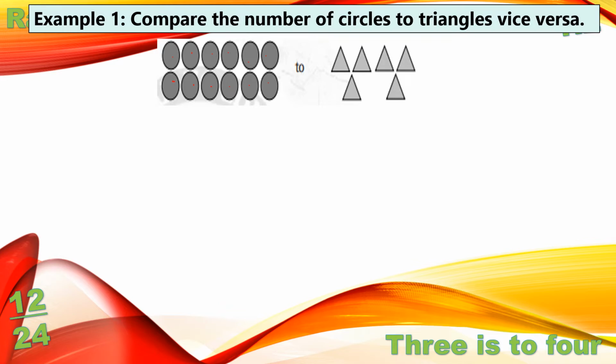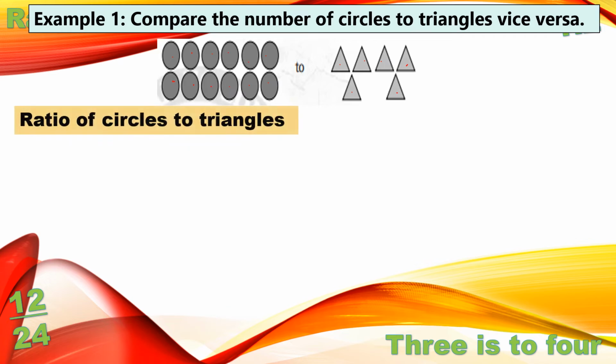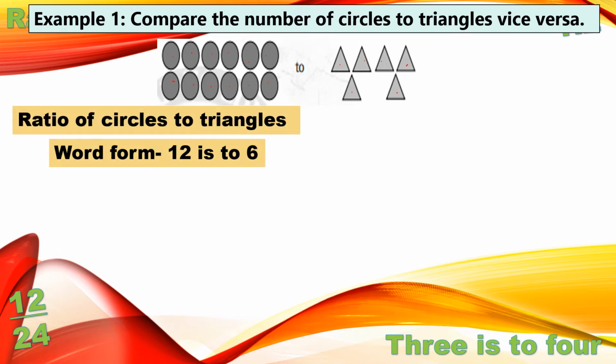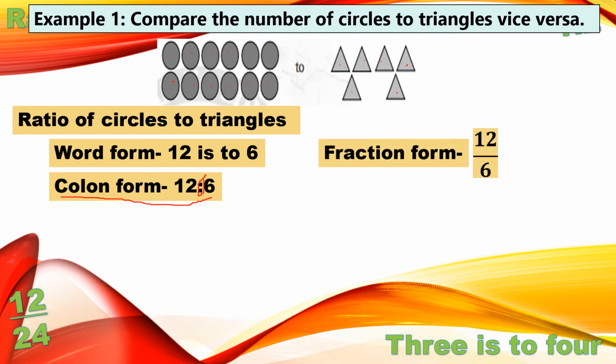How about the triangles? 1, 2, 3, 4, 5, 6. Okay. So the ratio of circles to triangles, in word form, it is 12:6. So this is the example of column form. So this is the column. And fraction form, 12/6.